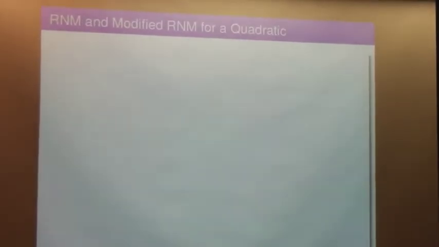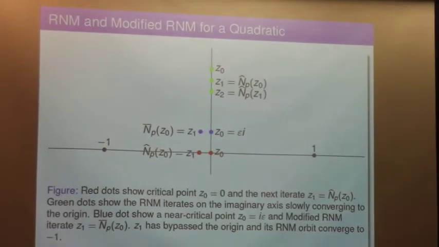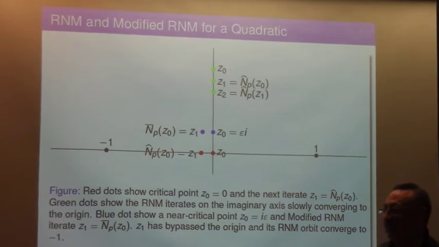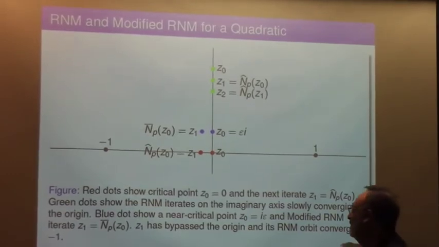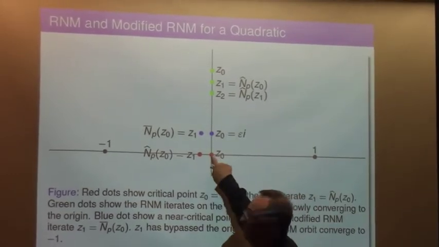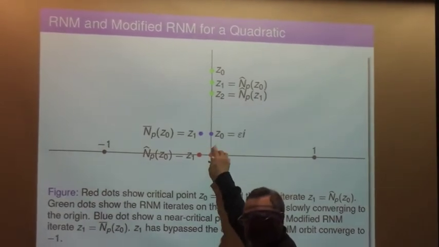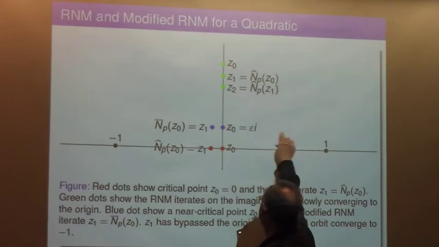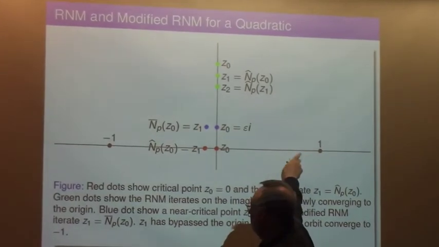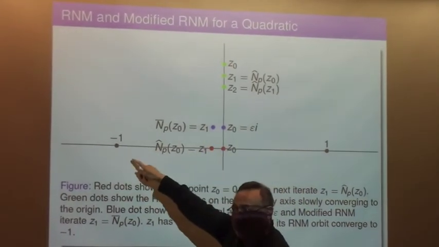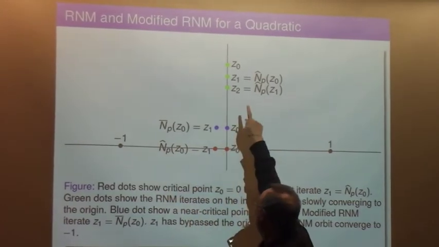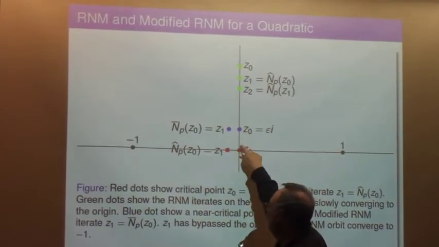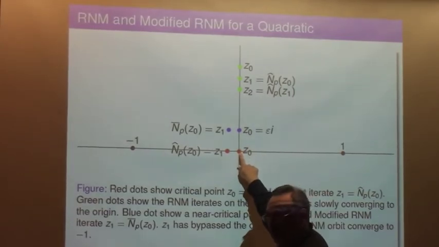I don't know that. Now, if you look at Z squared minus 1 under robust Newton method, this is the critical point. We're looking at the complex plane. Everything here converges to 1, and everything here converges to minus 1. What happens to the points on the y-axis? Those will converge to the critical point.